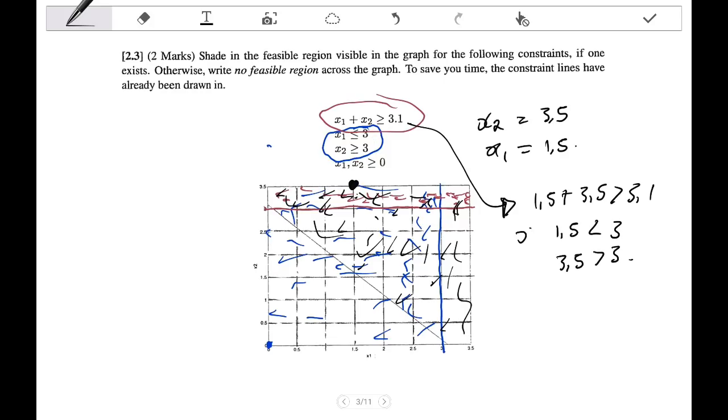So you can choose whichever way is simple for you, the one of choosing the points or the one of shading. If you find shading simpler, choose shading. If you want to choose the points and substitute, you can do that. Then let's move on to the next question.